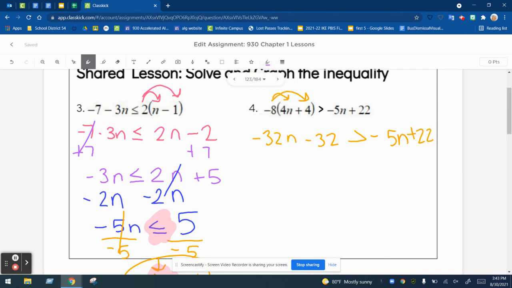Okay, so let's go ahead and, what do we say? We add 32 to both sides. Let's get rid of that.